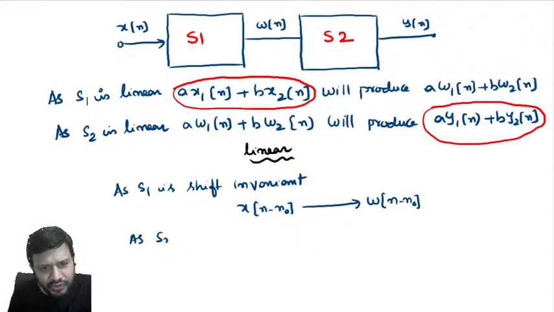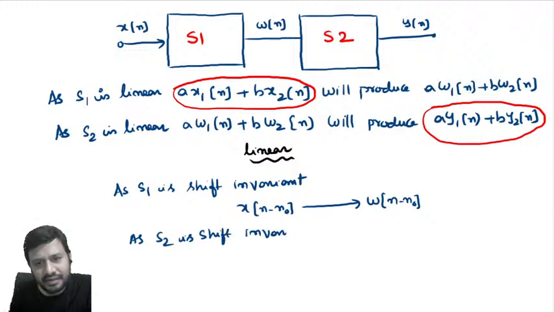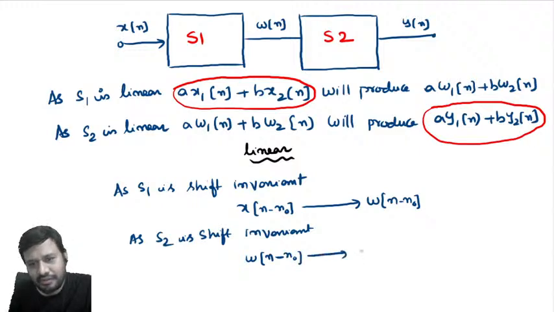As S2 is also shift invariant, for input delay, what is the input to S2? W of n. So input delay w of n minus n naught will produce what? Y of n minus n naught.